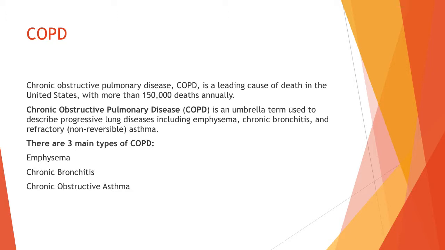COPD is the parent for a group of chronic progressive lung diseases that obstruct the airways in the lungs, making it difficult to breathe. COPD includes chronic bronchitis, asthma, and emphysema.